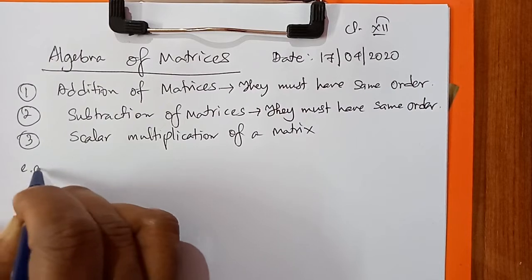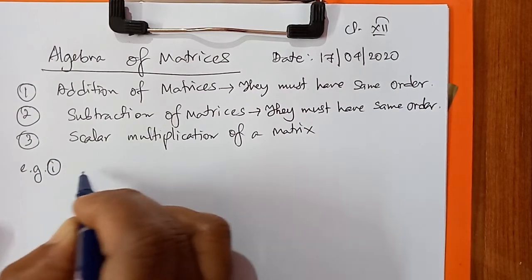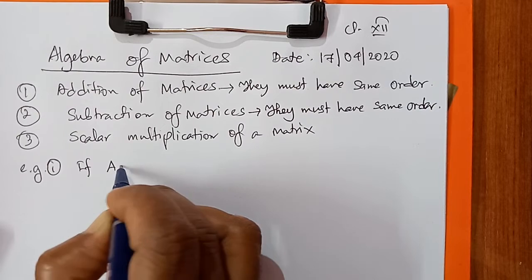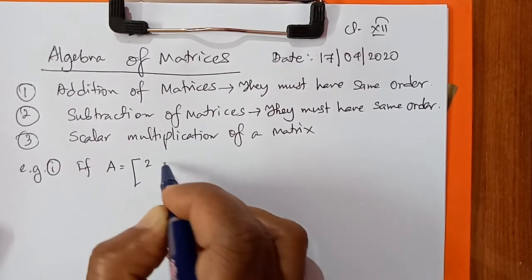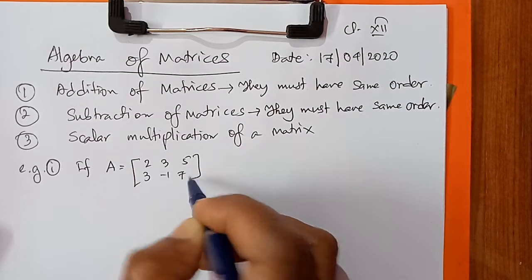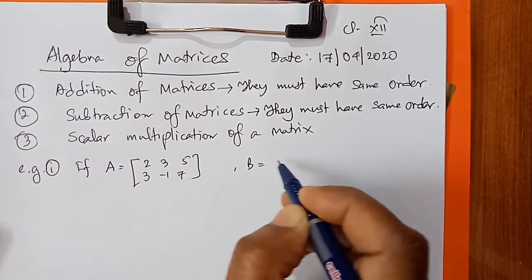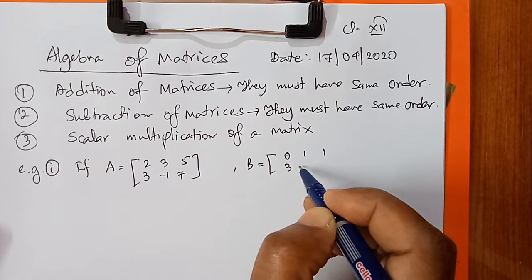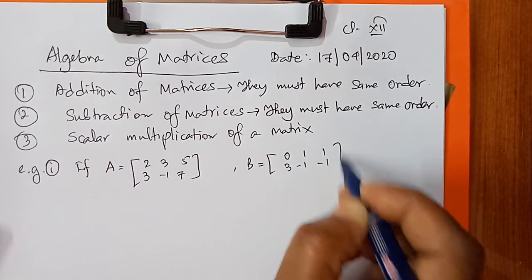So for example, number 1, if matrix A equals 2, 3, 5, 3, minus 1, 7, and matrix B equals 0, 1, 1, 3, minus 1, minus 1.